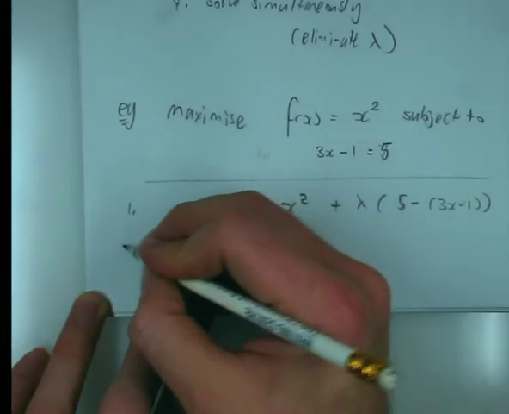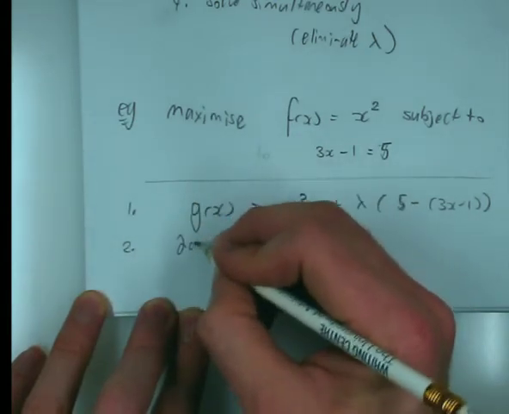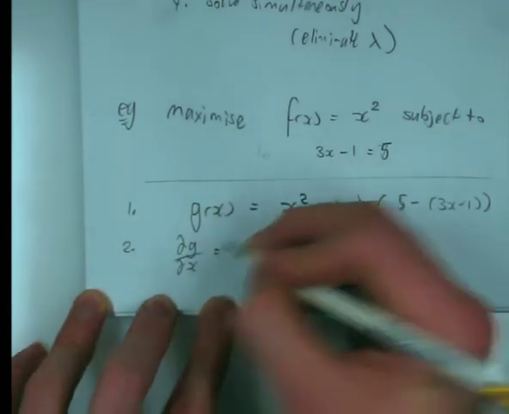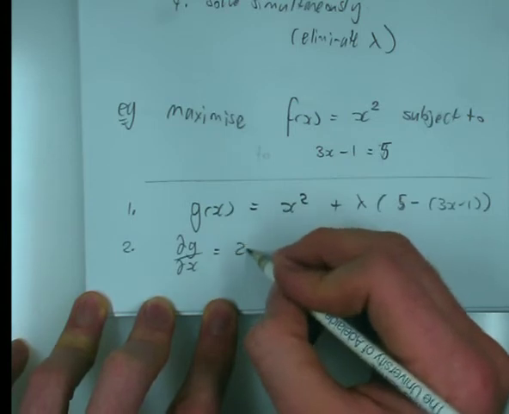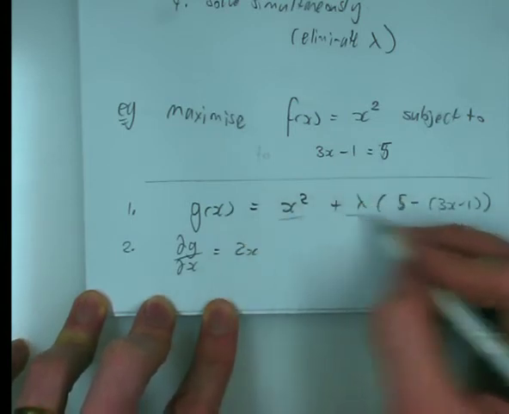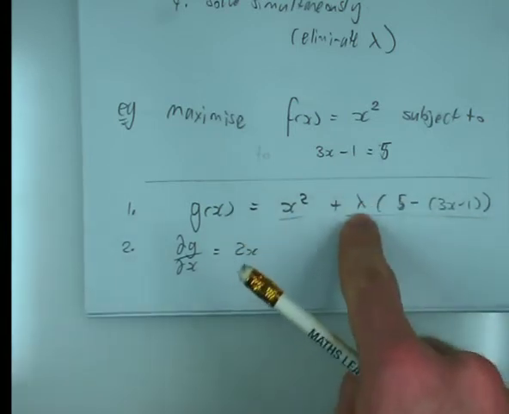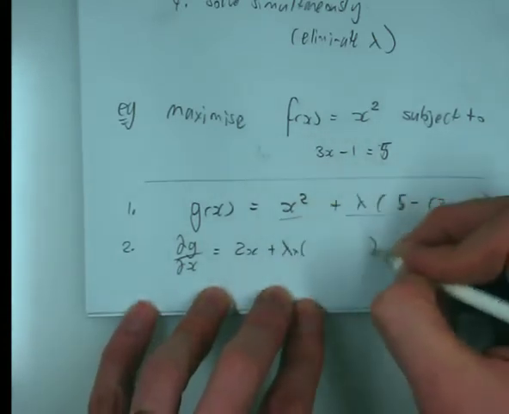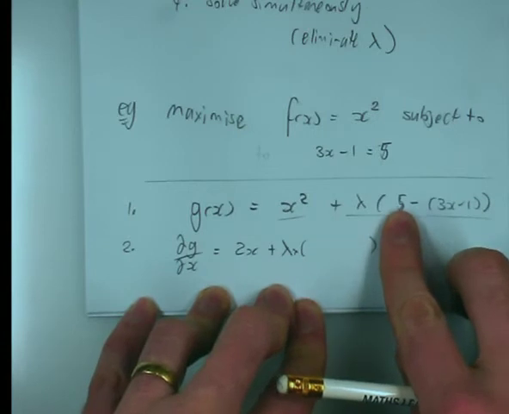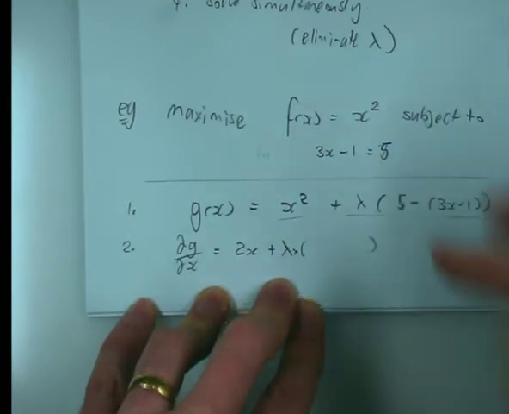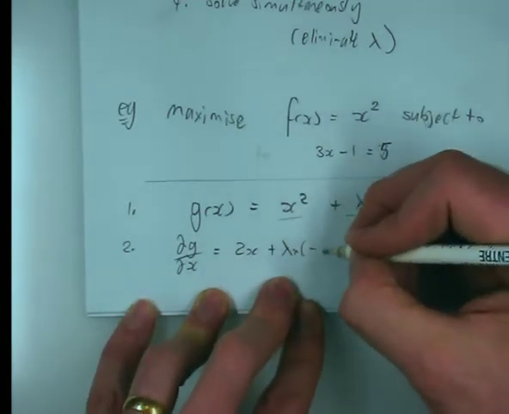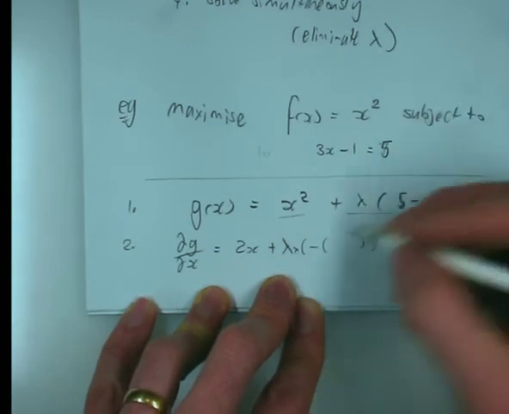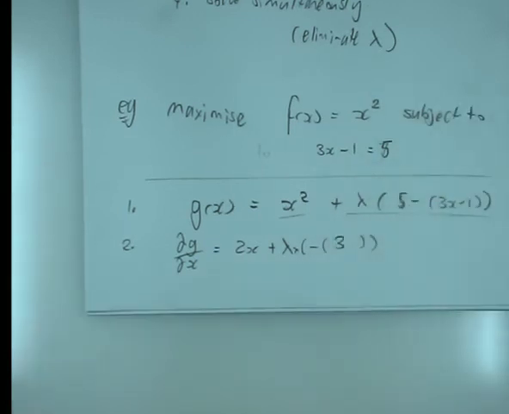We've created our function, and we do our derivatives. So dg on dx is 2x from here. Now this one, that lambda counts as a constant, so it will still be there when I differentiate because it's multiplied on. The derivative of 5 is 0. The minus will still be there, and the derivative of 3x minus 1 is 3.